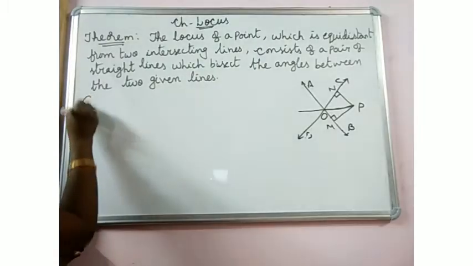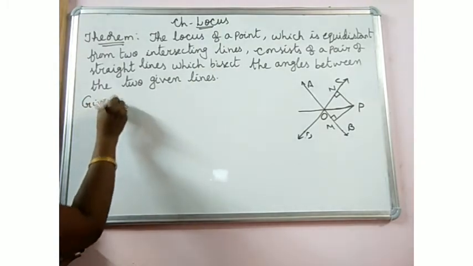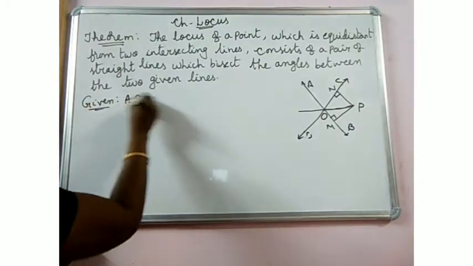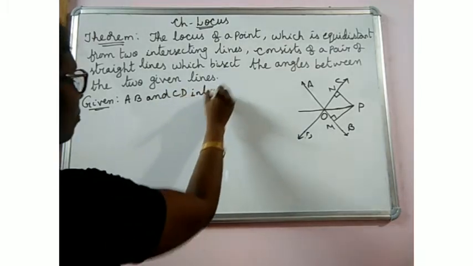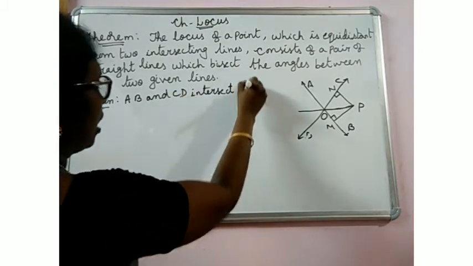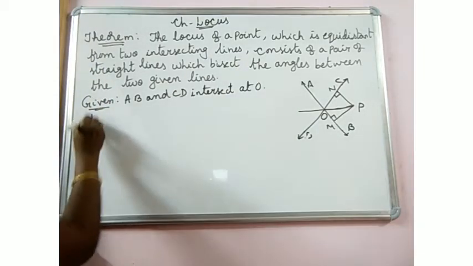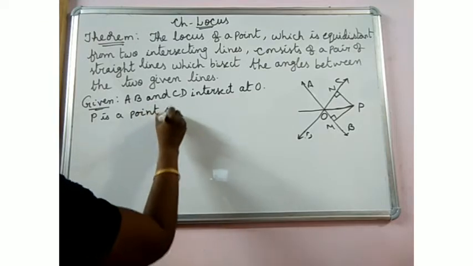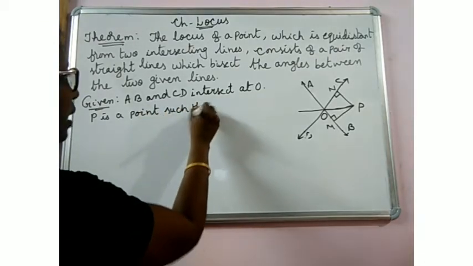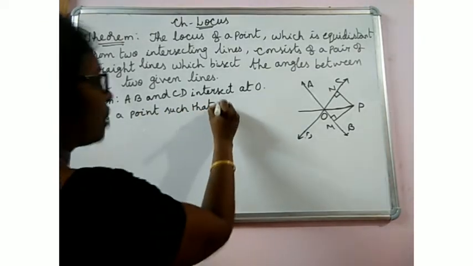Okay. So what is given here is AB and CD, the two intersecting lines. So AB and CD intersect at O, given. P is a moving point. P is a point such that it is equidistant.